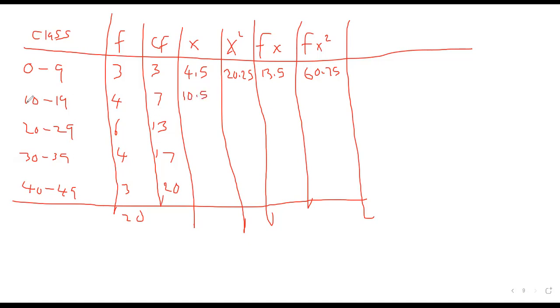Excellent. So 10 plus 19 is 29, divided by 2 is 14.5. Then 14.5 when you square it, you get 210.25.